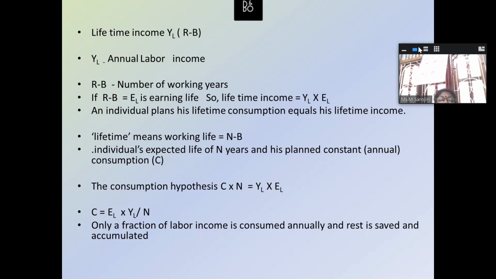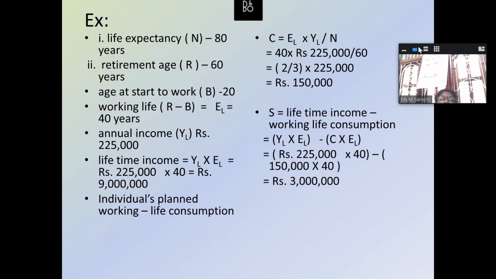The individual plans the consumption to be equal until his death, or life expectancy. He is expecting to live N number of years, that is life expectancy. Therefore, YL into EL, that is the lifetime income, divided by N gives the consumption. With this information, we can go for the derivation.